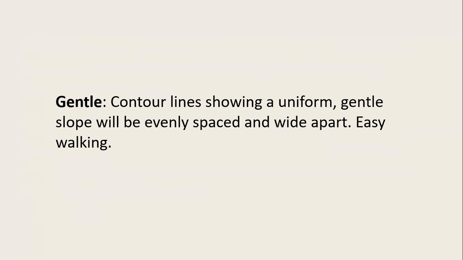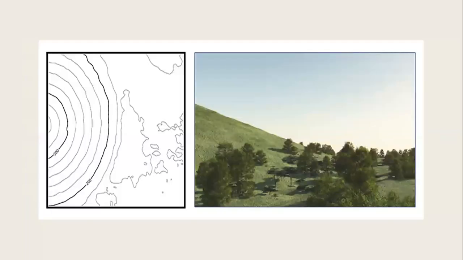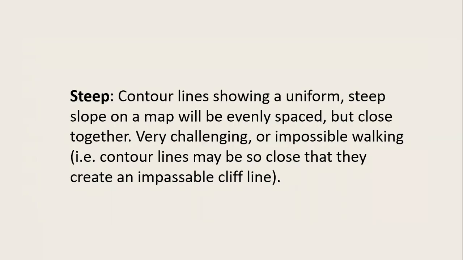Gentle: contour lines showing a uniform gentle slope will be evenly spaced and wide apart, easy walking. See, it is a gentle slope, how the contour lines are and how that slope is. And next one is steep slope.